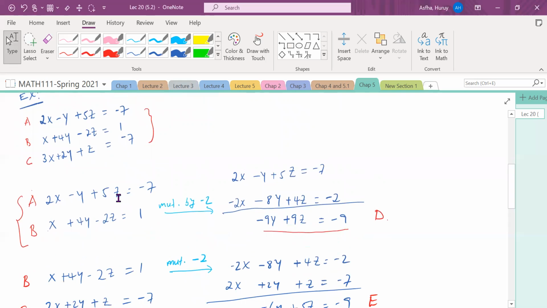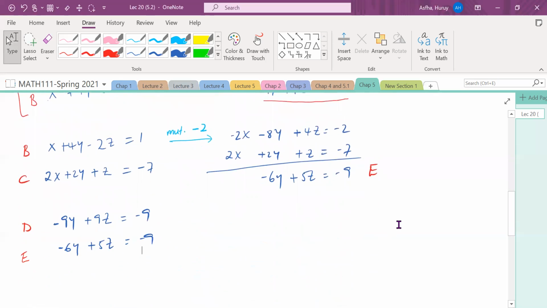Let me double check here. If we multiply this, we get -2x, -8y. Okay. All right.